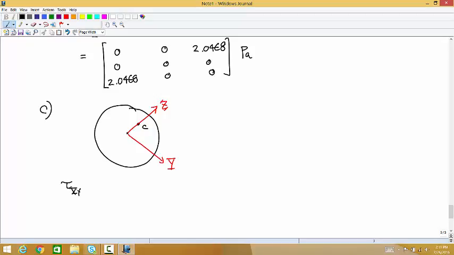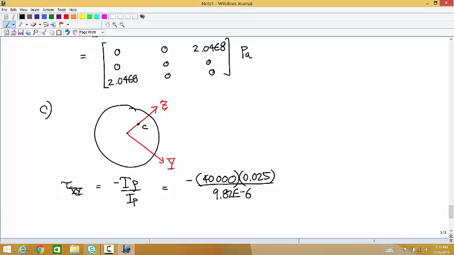The capital X, capital Y shear stress is negative T, fancy T, times rho divided by the polar moment of inertia. So that's negative 40,000 times, this time rho is half of the radius, so 0.025, divided by the polar moment of inertia, 9.82 times 10 to the minus 6.